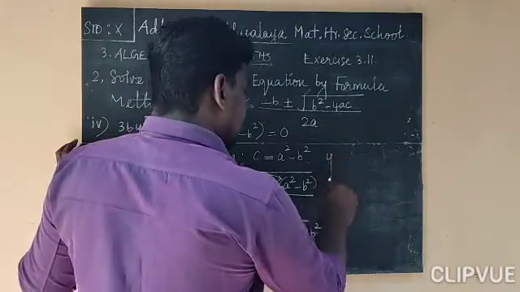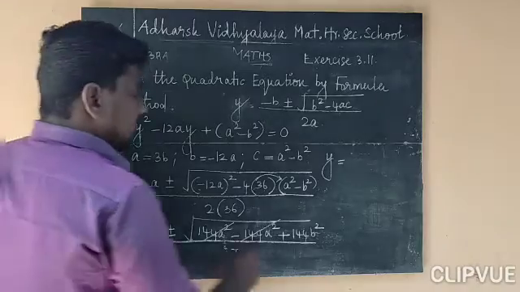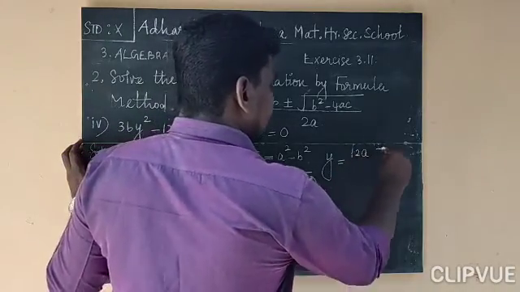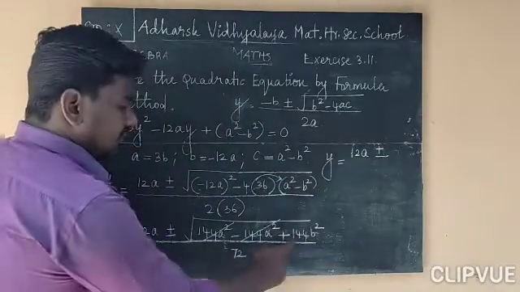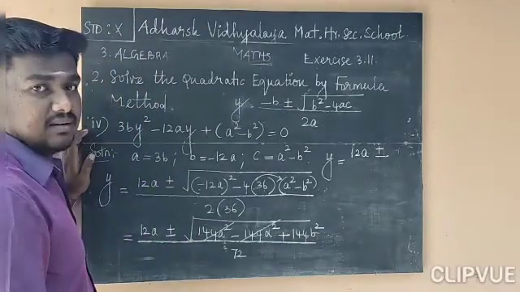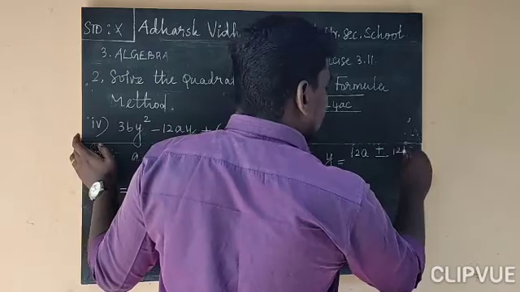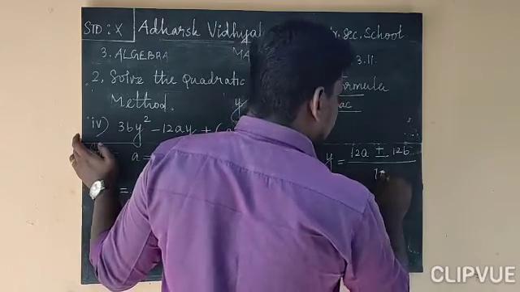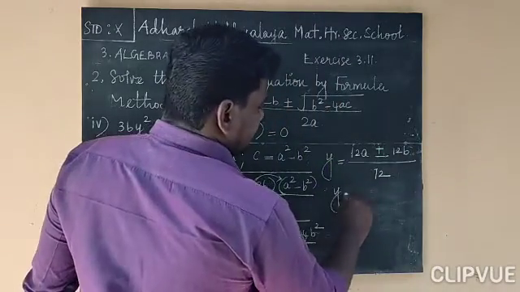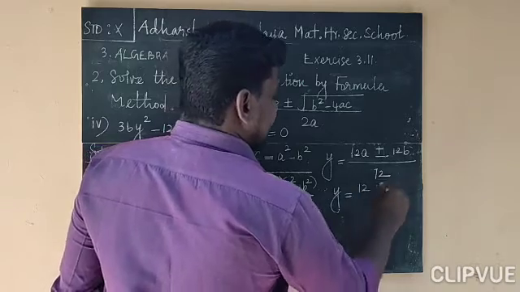So what do we have? Y is equal to 12a plus or minus root of 144 b square. The square root of 144 b square is equal to 12b, you know that, divided by 72. So y is equal to 12 is the common factor, you can take that out.